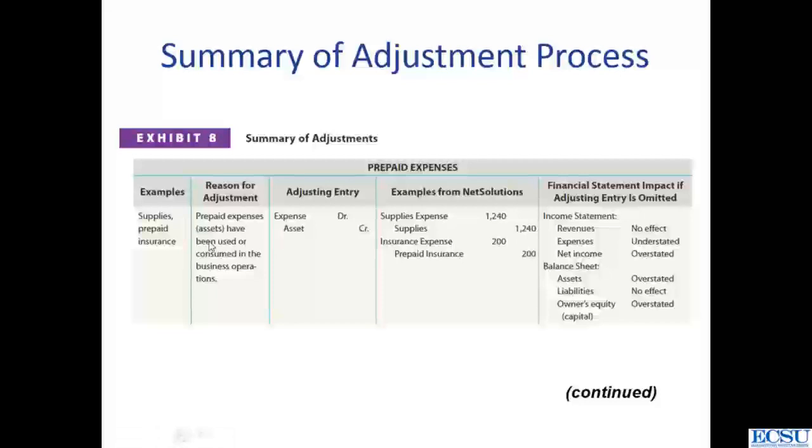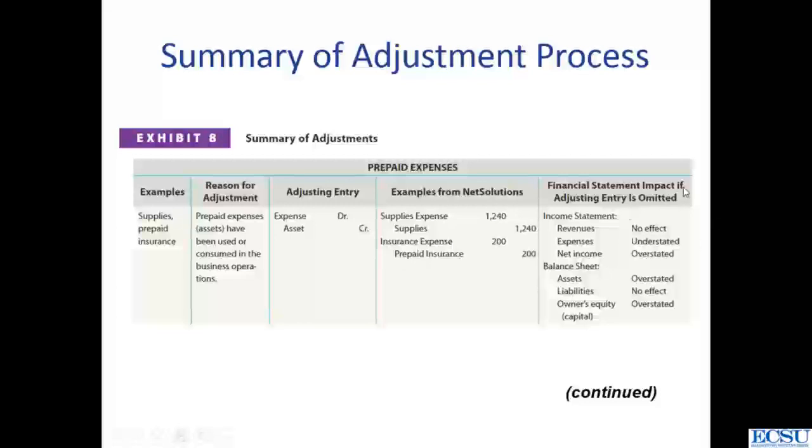The reason for adjustment is that prepaid expenses, that is the asset, have been used or consumed in the business operation, so therefore I have to transfer from the asset account to the expense account. Since I'm reducing my asset, that's why I'm crediting it, and expense is debited because I am creating it. The examples are supply expense debit, supplies credit, insurance expense debit, and prepaid insurance credit.